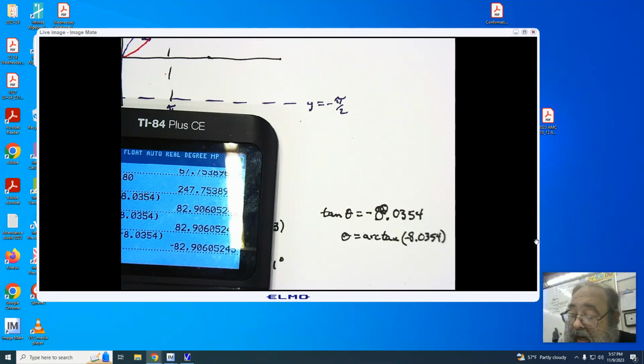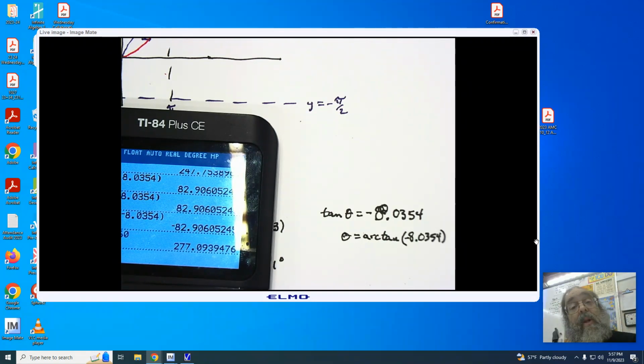By simply adding 360 to this, I get the coterminal in the fourth quadrant, and that coterminal is the first solution, approximately 277.0939 degrees.